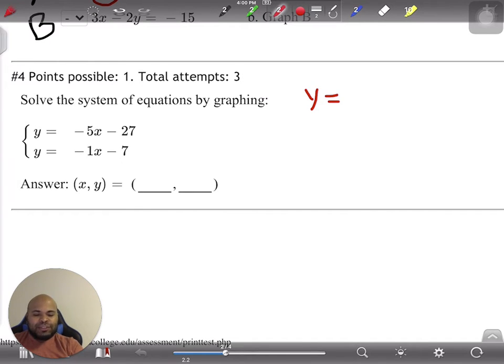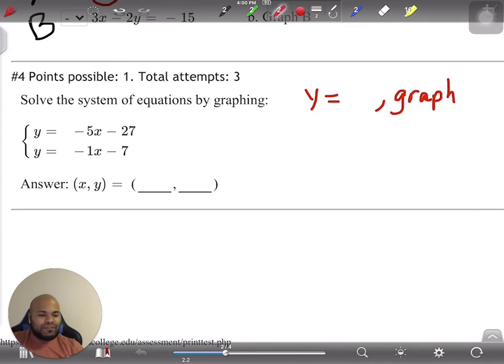Then you're gonna enter both equations, and then you're gonna press graph. And when you do that, it's gonna graph them for you, okay? Once you do that, then you could hit second and 5 so that you could trace the point. You hit enter 3 times, and then you will be able to find a point.